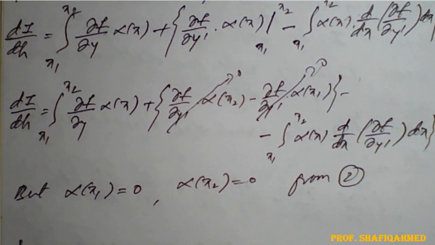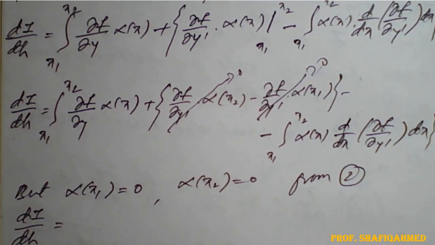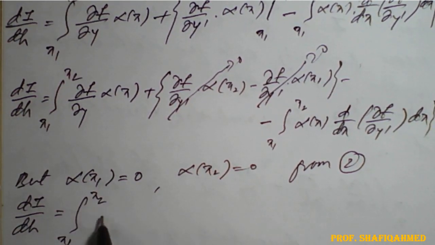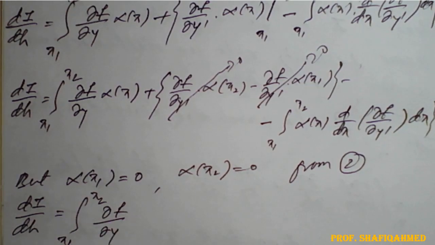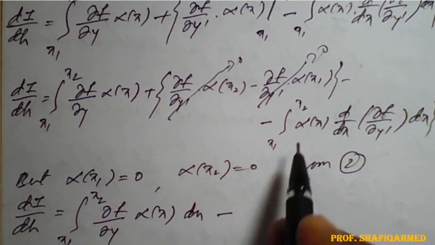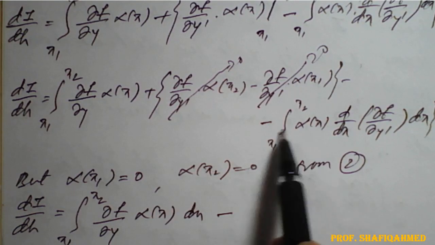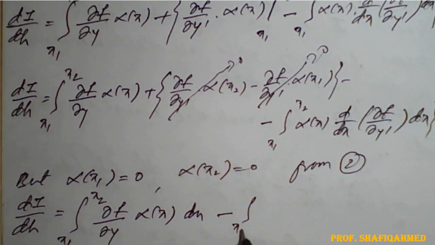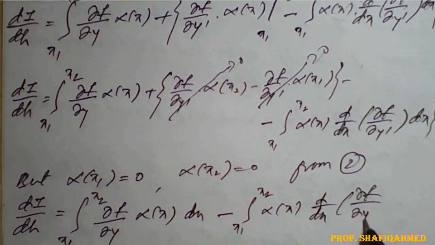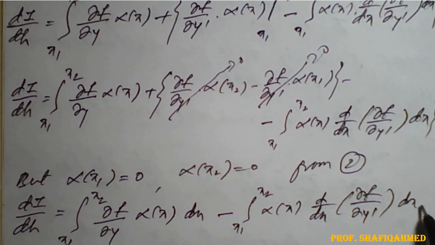Two integrals are left, that is di by dh is equal to integration x1 to x2 dou f by dou y into alpha of x into dx, minus integration of x1 to x2 alpha of x d by dx of dou f by dou y dash into dx.